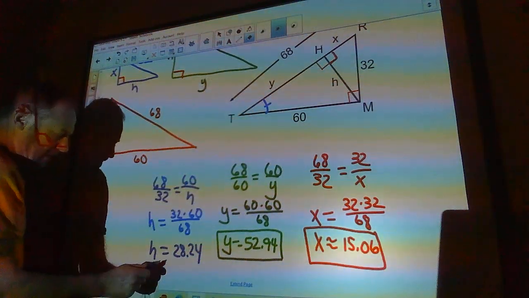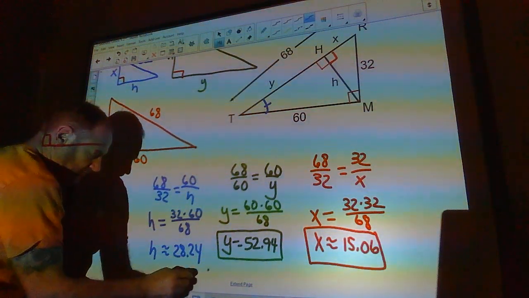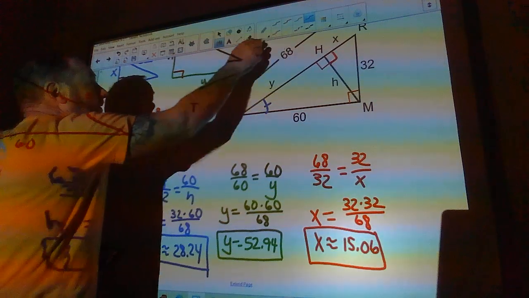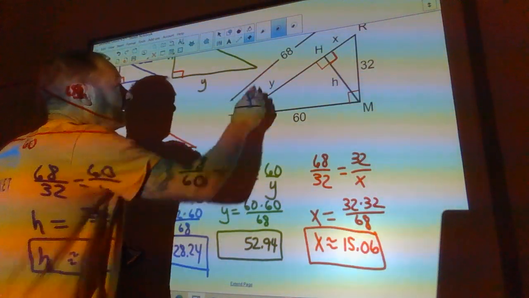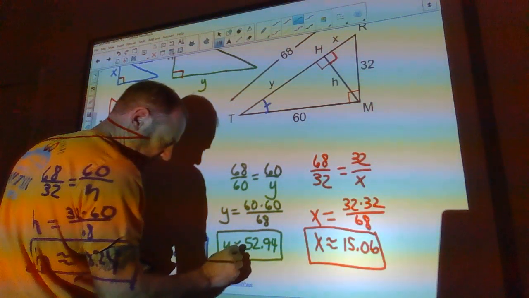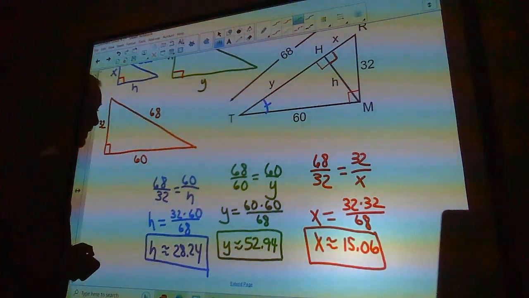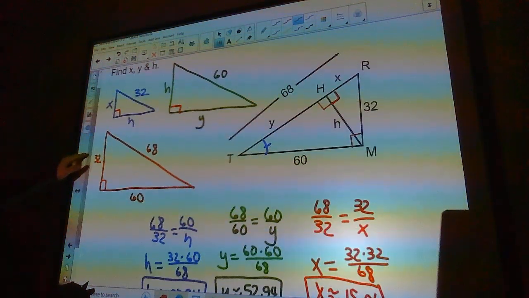Of course these are all approximate signs because I had to round them, so make sure you have the approximate signs on there. And there you go, I found all three sides.